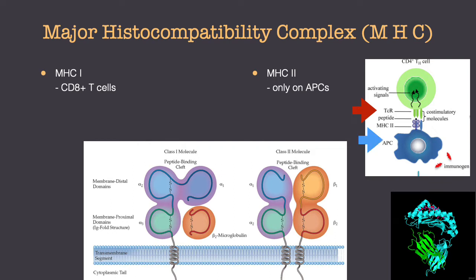MHC1 is found in all nucleated cells and platelets and present endogenously synthesized short peptides of 8 to 10 amino acids to cytotoxic T cells. In essence, they serve as targets to signal elimination of only abnormal or infected host cells. In contrast, MHC2 are only found in antigen-presenting cells and present larger exogenous peptides of 19 to 20 amino acids long for CD4 recognition.